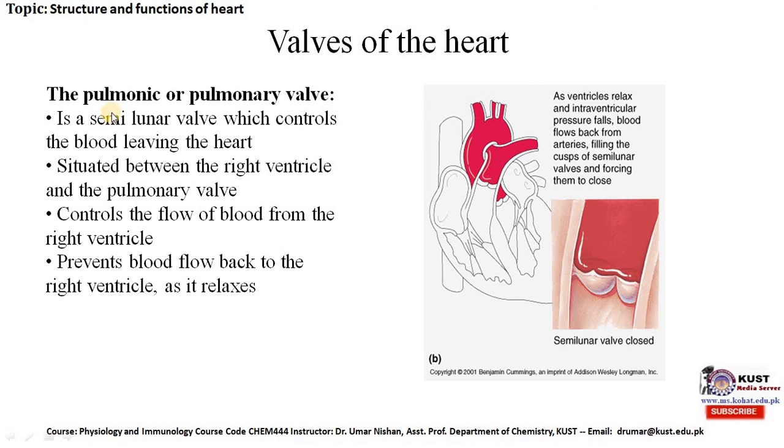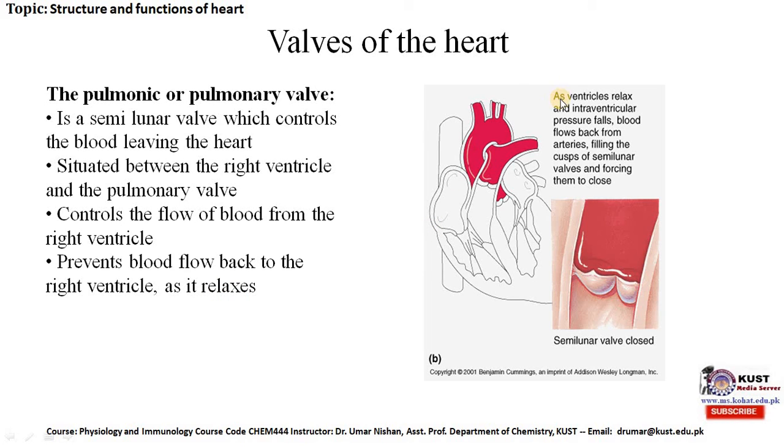Now the pulmonic or pulmonary valve, it is a semilunar valve which controls the blood leaving the heart. Situated between the right ventricle and the pulmonary artery, it controls the flow of blood from the right ventricle and prevents blood flow back to the right ventricle as it relaxes.